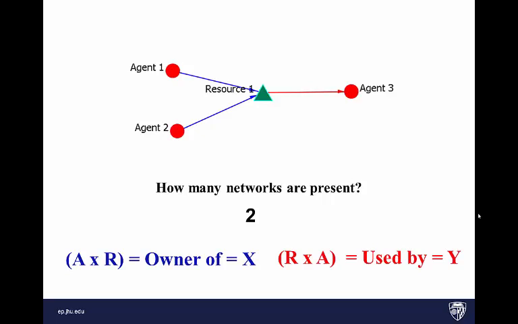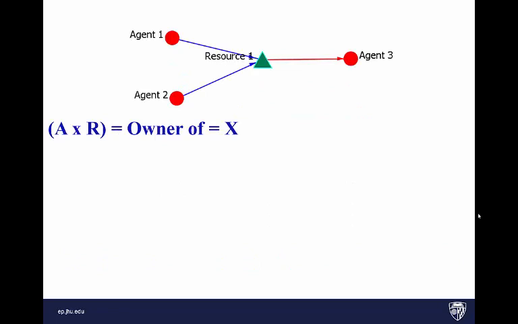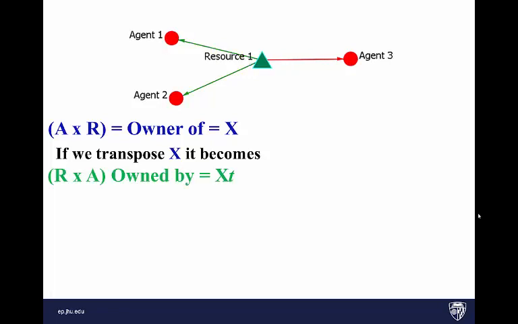Now we'll notice that the owner matrix X has dimensions A, number of agents, by R, resources, whereas the used by network has R by A dimensions. So if we transpose X, we end up getting a resource by agent network.